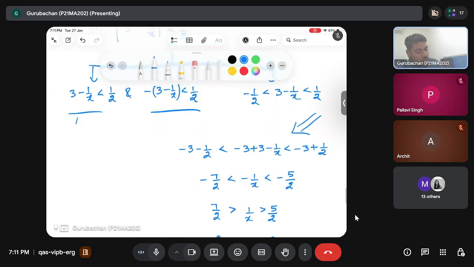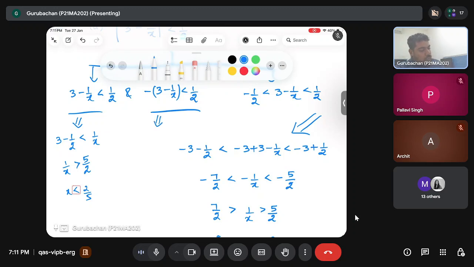When you solve this one, what you will get? 3 minus half is less than 1 by x. So 1 by x will be greater than 5 by 2 and x must be less than 2 by 5.